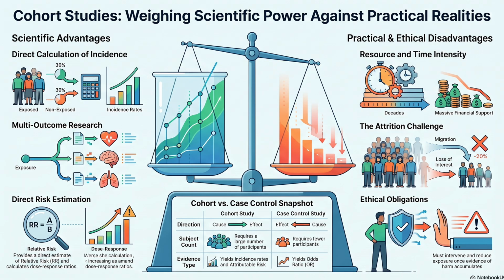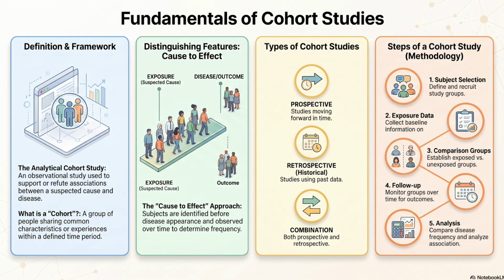Finally, we explored the major advantages of cohort studies, including direct estimation of incidence, assessment of multiple outcomes, reduced recall bias, and stronger evidence for causality, while also understanding their limitations such as long duration, high cost, large sample requirements, and the challenge of maintaining participant follow-up. A clear understanding of cohort studies is essential because they form the backbone of evidence-based medicine, preventive healthcare, and public health research.